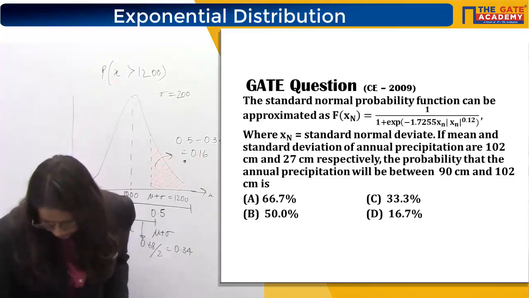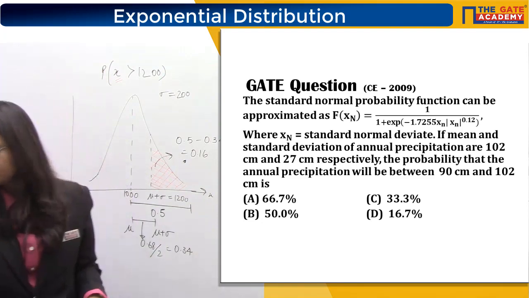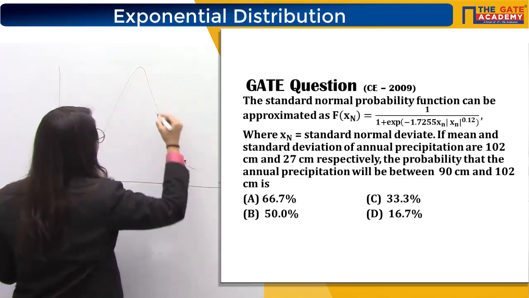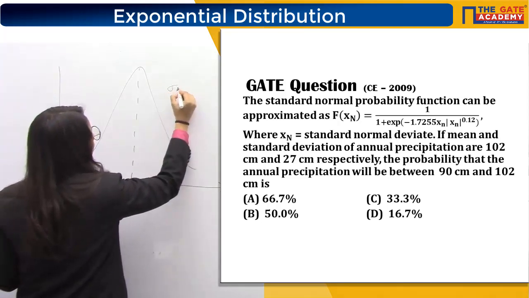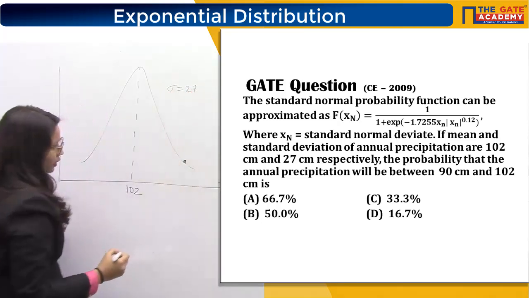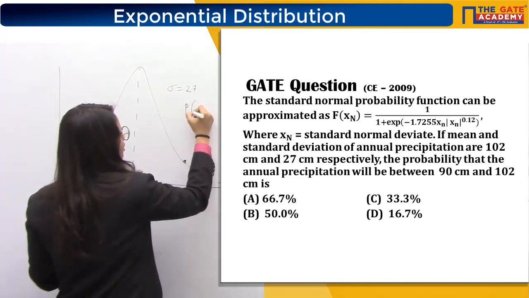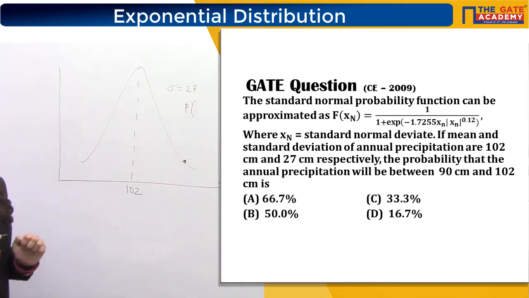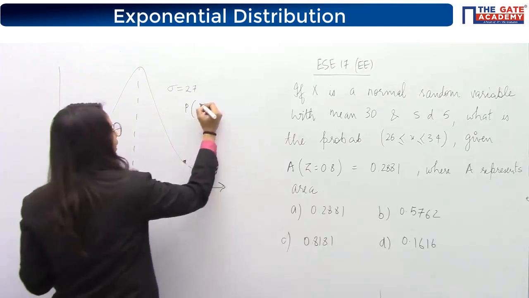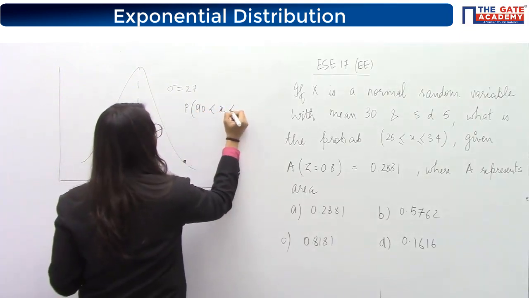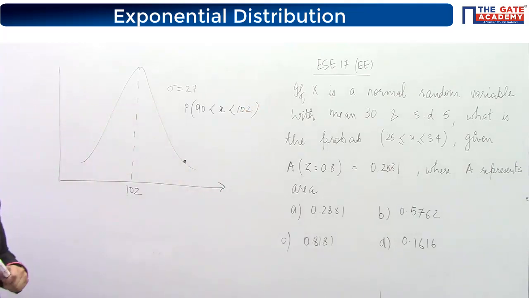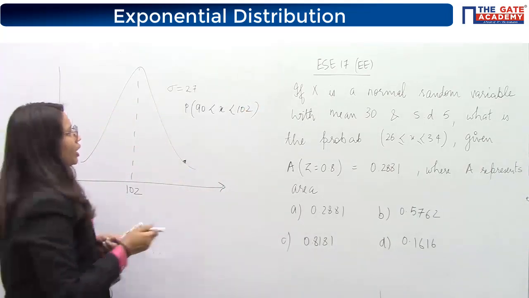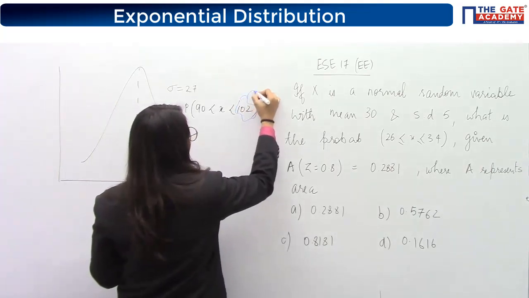Okay, let's solve this question. Normal distribution with mean as 102 and sigma as 27, and the required probability is that the annual precipitation will be between 90 and 102. 102 is nothing but your mean.